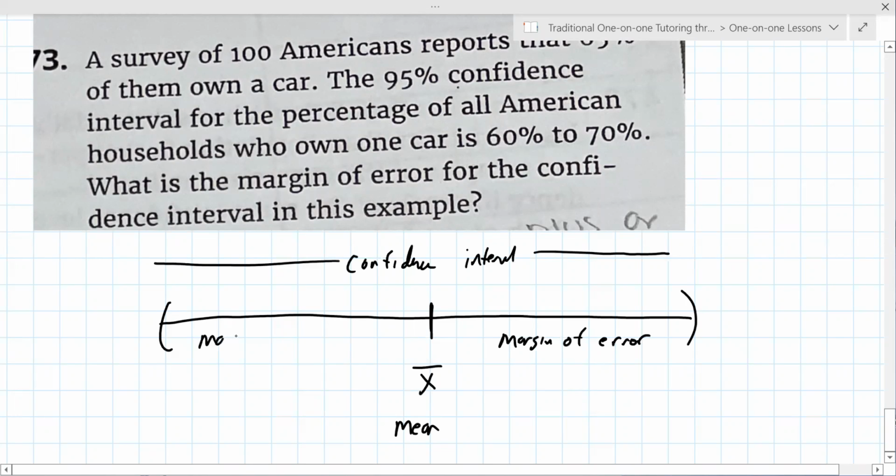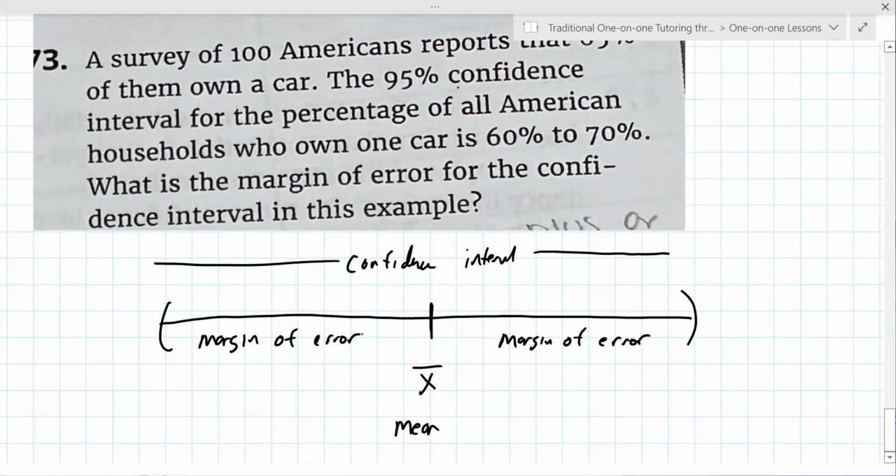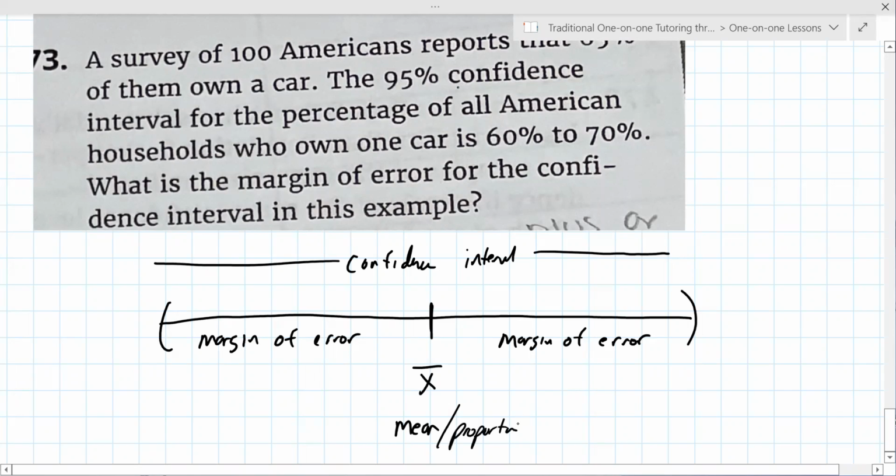So both sides of it are the margin of error. So to answer this question, which we will do, you have to have a clear picture that the confidence interval is centered at the mean, or the proportion in other examples, but there's some sort of centered place. But left is margin of error, right is margin of error.